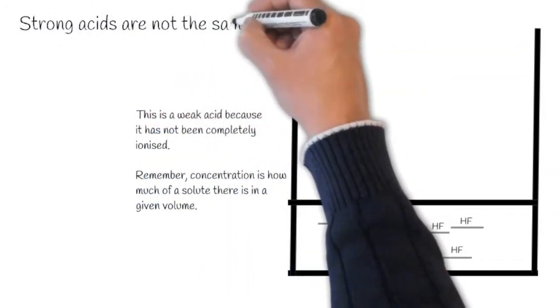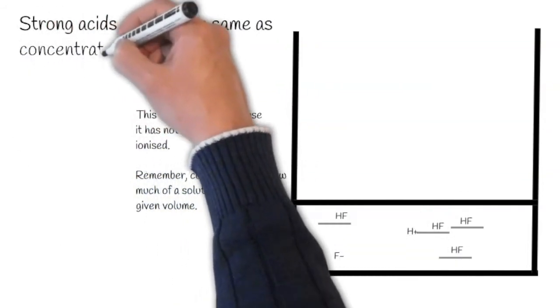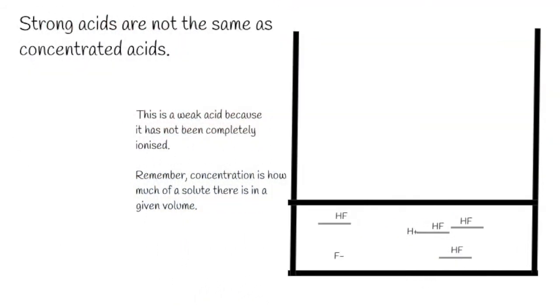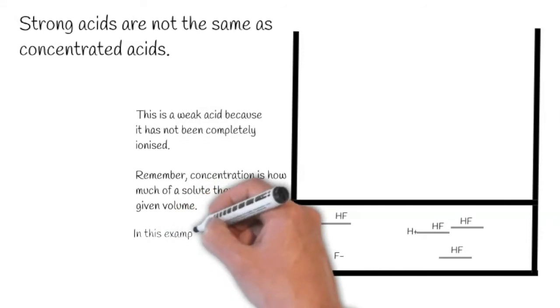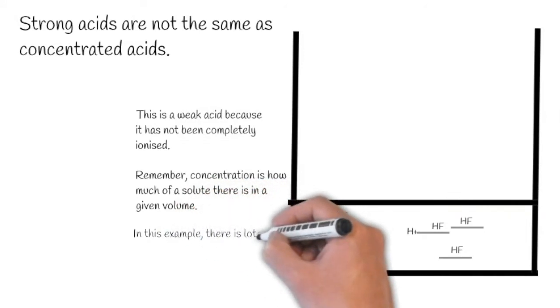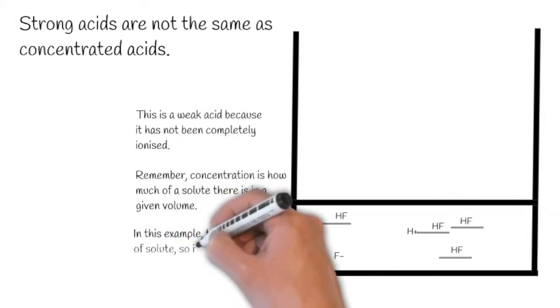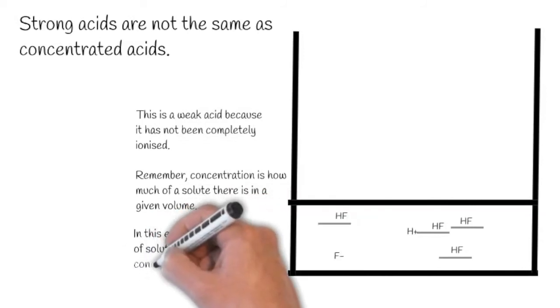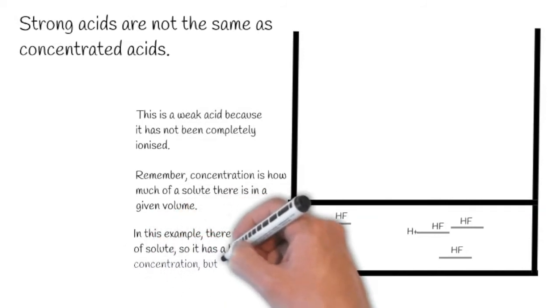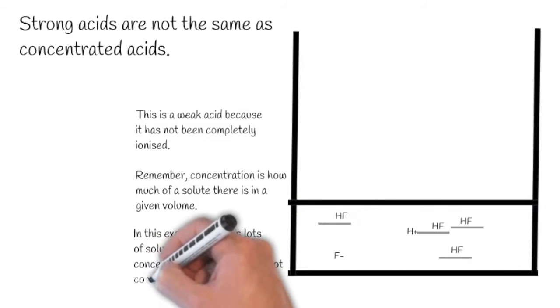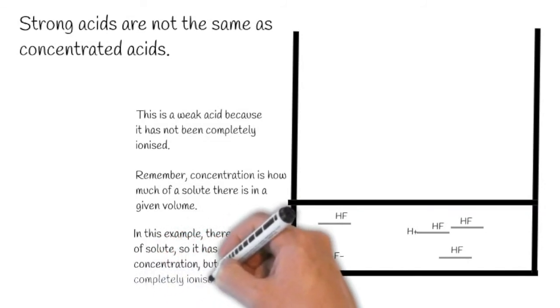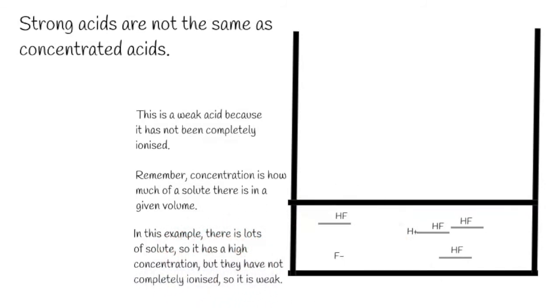Strong acids are not the same as concentrated acids. In this example, there is lots of solute, so it has a high concentration, but they have not completely ionized. So it is a weak acid, a concentrated acid, but a weak acid.